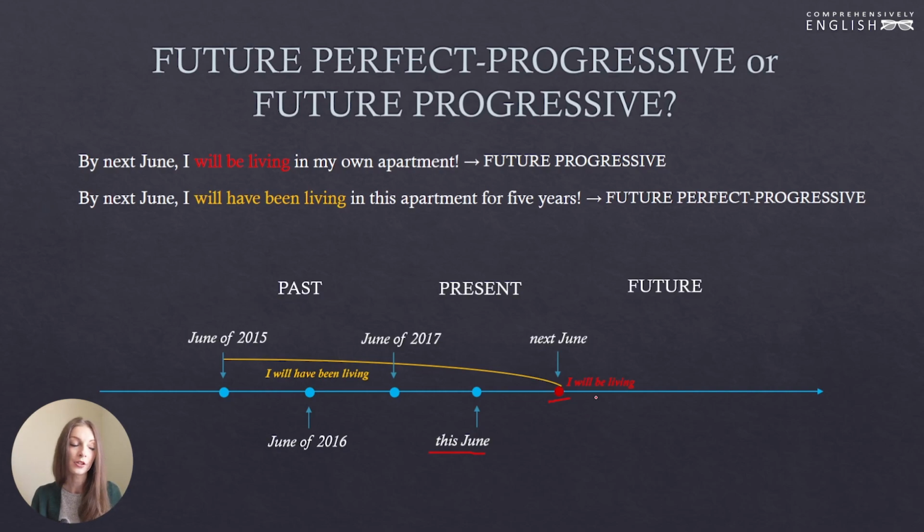The first speaks only about this particular moment. It tells us what will be going on next June. Next June, I will be living in my apartment. Okay. The second sentence tells us that we have already been living here for a while and we will continue living here, and by next June we will have been living here for 5 years. So the second sentence gives your interlocutor much more information than the first one.